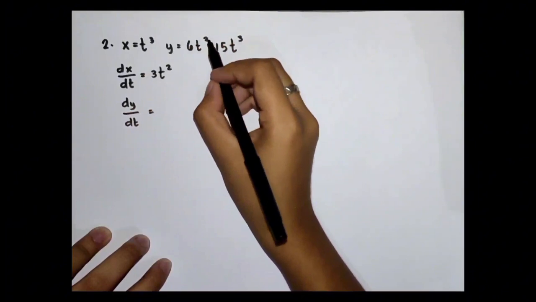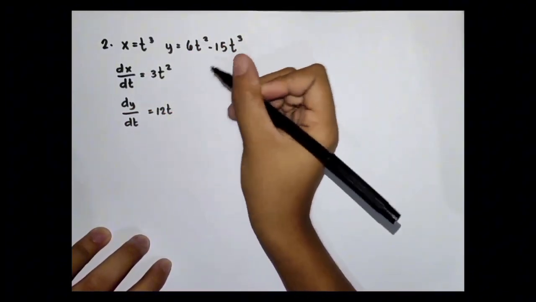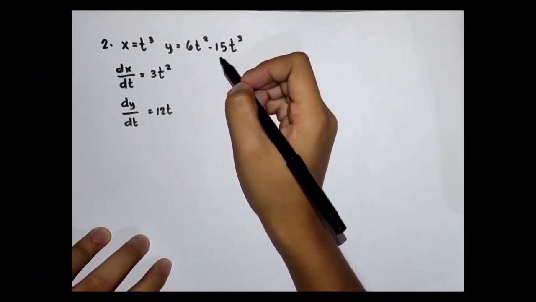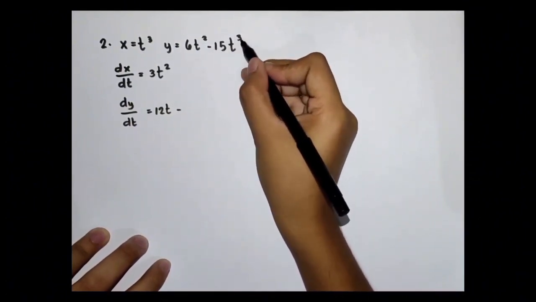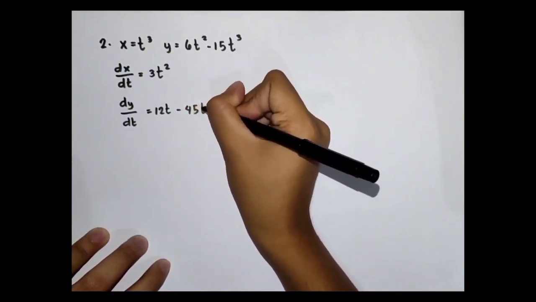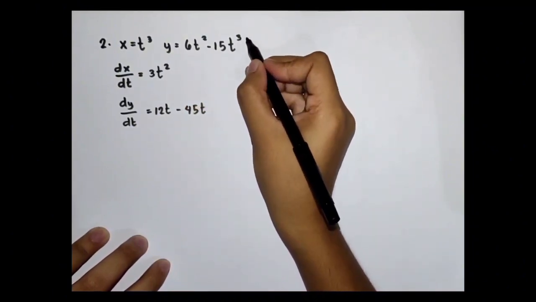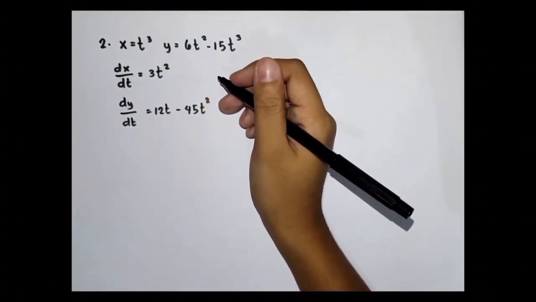The derivative of y equals 6 times 2 equals 12t. Exponent 2 minus 1 equals 1. No need to write the exponent 1. Minus 15 times 3 equals 45t raised to the power of 2, because exponent 3 minus 1 is equal to 2.